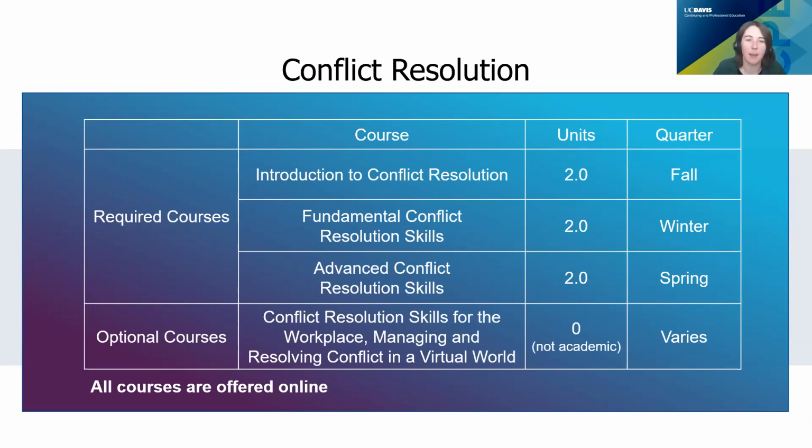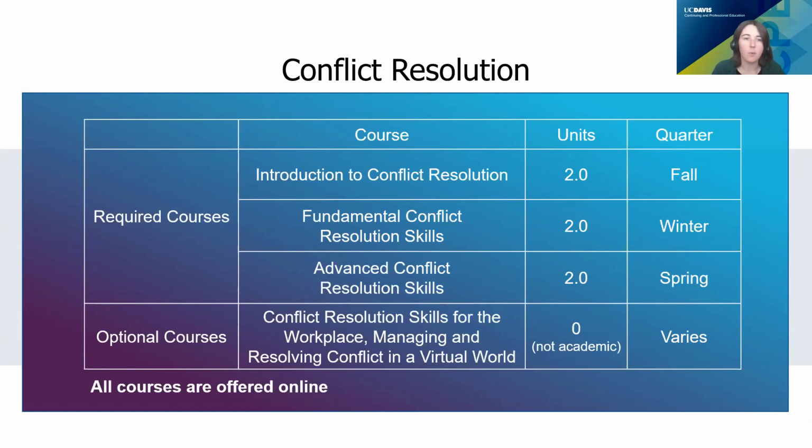And as I mentioned, the optional courses that we offer, the non-academic ones, are offered on a variable schedule throughout the year. And at the moment, all of these courses are offered online. In non-pandemic times, traditionally what we've done with these courses is the introduction to conflict resolution as an online course, and then the fundamental and advanced courses offered in person.